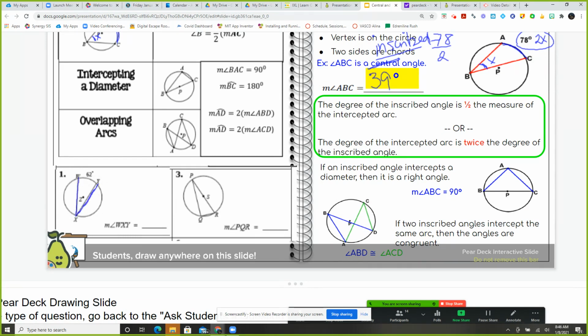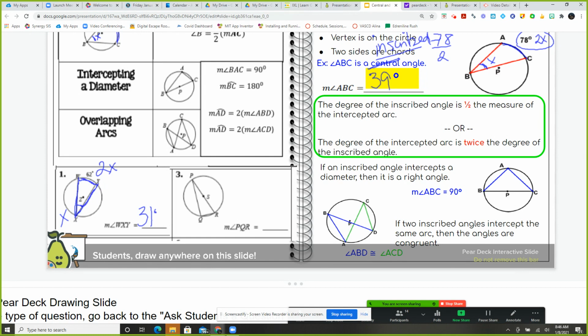WXV on the left side. If this arc is 62, what's the angle? 31, absolutely. So when we have inscribed angles, it's just half. The outside is twice as big as the inside is half as big as the outside.